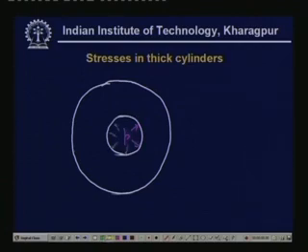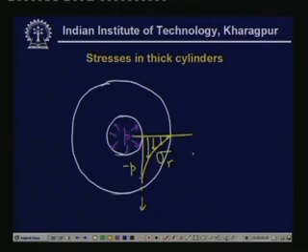Here the distribution of sigma r will be, now at Ri, sigma r is minus P, and it goes to 0 in this position. So this is the distribution of sigma r.